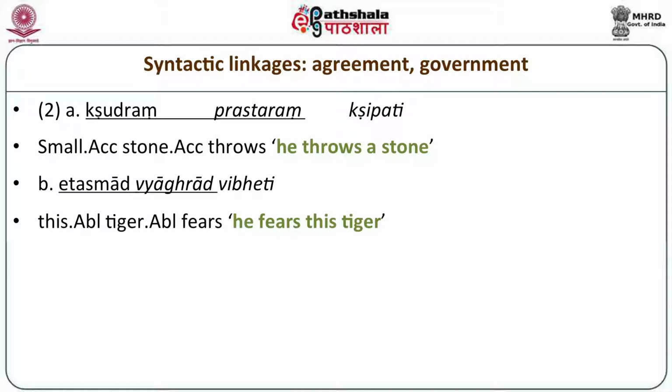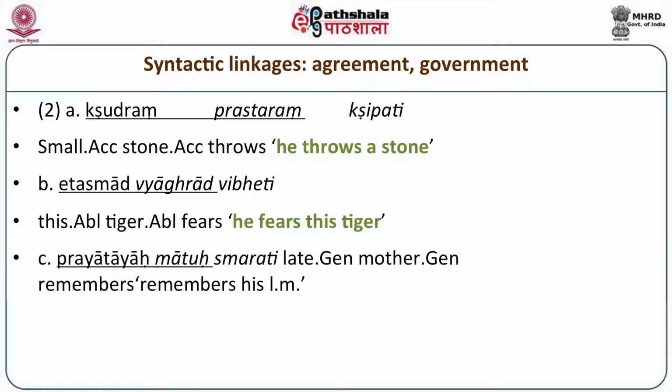Third and last example in this bunch. Prayataya matuh smarati. He remembers his late mother. Here again, you get copying of the genitive case from mother to late. Now, in all these, you find 3 verbs choosing an accusative, an ablative, and a genitive on the noun. In my comments, I've been emphasizing the fact that inflection marks agreement between the noun and its dependent.